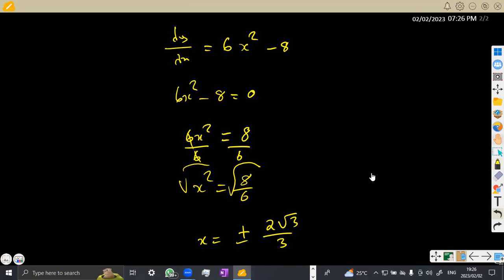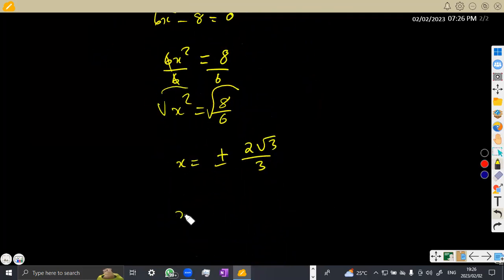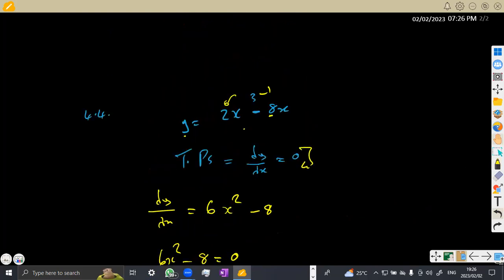So the turning points that you're going to have are going to be, okay, let me indicate them separately. So x is 2 square root of 3 over 3, or another x is equivalent to minus 2 square root of 3 over 3. So for you to find the values of y, you're going to substitute the value of x, which is 2 square root of 3 over 3, in place of x in the original equation here.